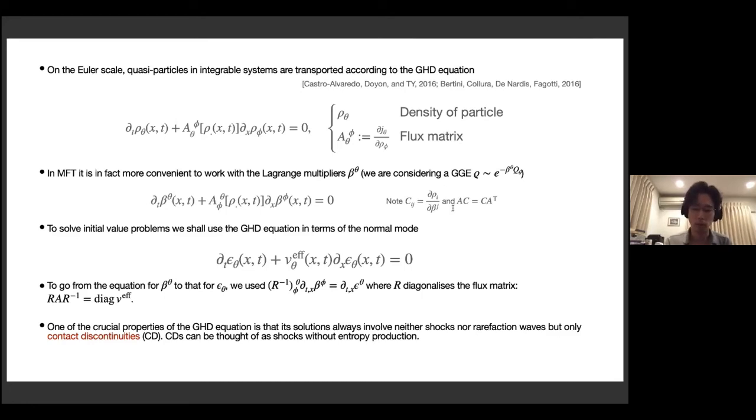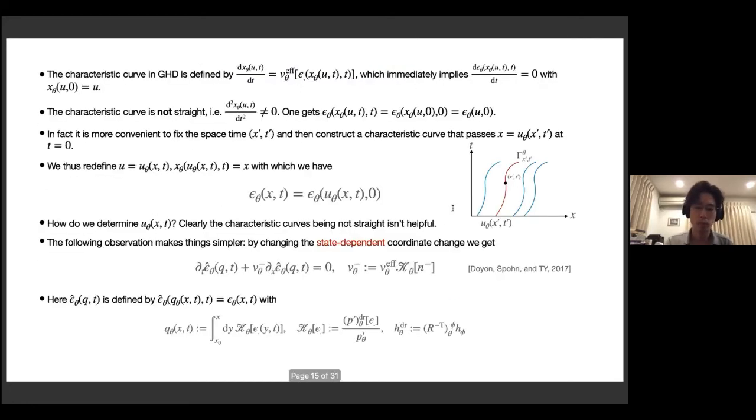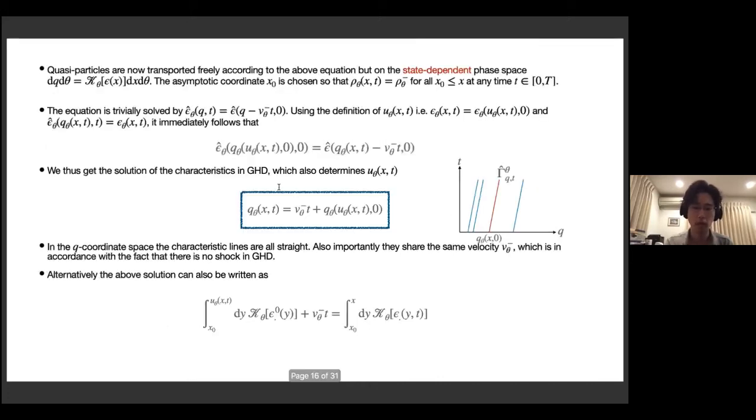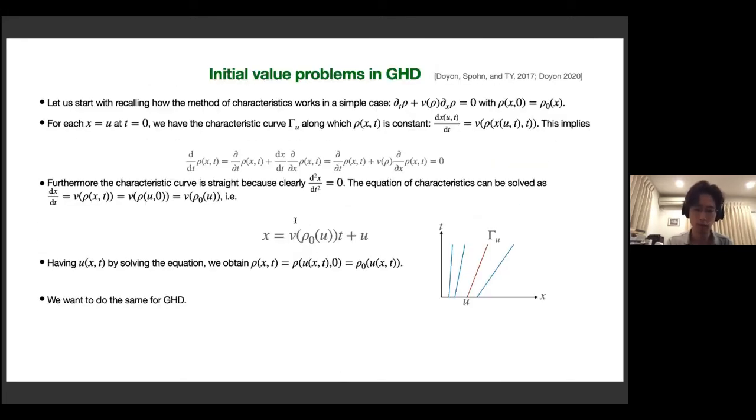Okay, so where was I? Oh, sorry. So yeah, in terms of the new coordinate, these characteristic curves are straight. It's clearly straight, and also this relation should really be compared against this kind of equation that is defined for U in the case of a simple hyperbolic system.